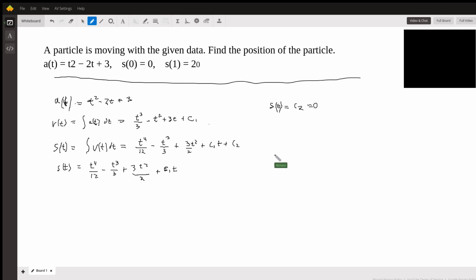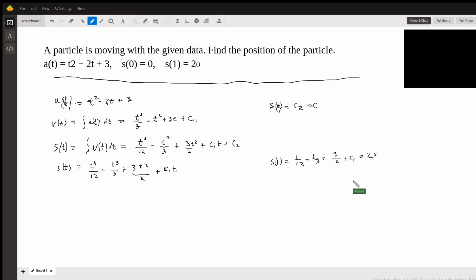Okay, now we'll do S of 1 here. And we're just plugging in 1 here, so it's going to be 1 over 12 minus 1 over 3 plus 3 over 2 plus C1 has to equal 20. So 1 over 12 minus 1 over 3 plus 3 over 2.